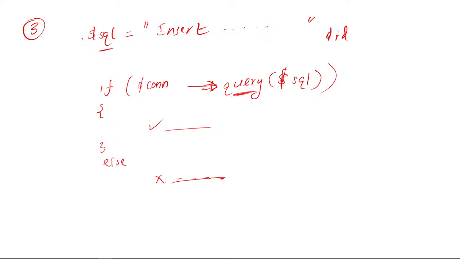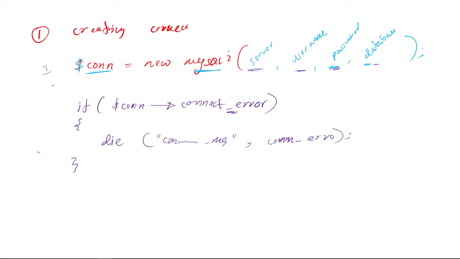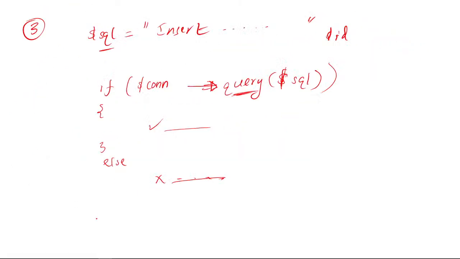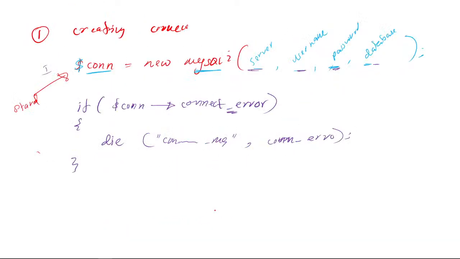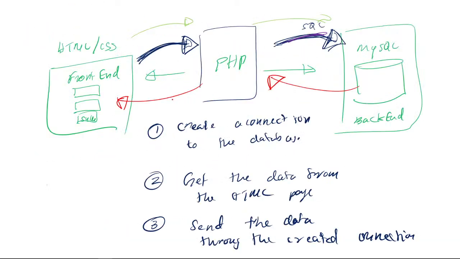At the very first step, we created the connection, and then we have to close it. If we have opened a path, make sure it is closed at the end. That is what PHP does: it creates the connection, gets the data, and passes the data using that created connection.